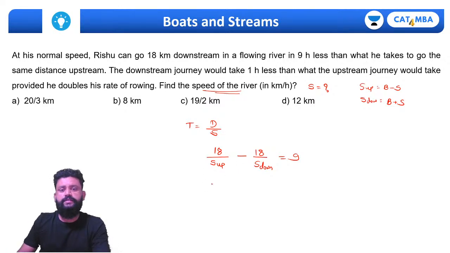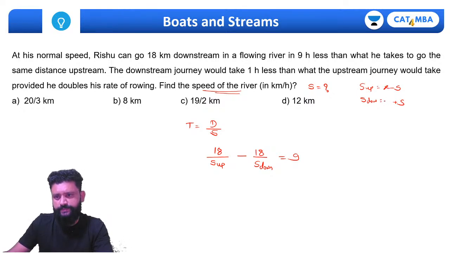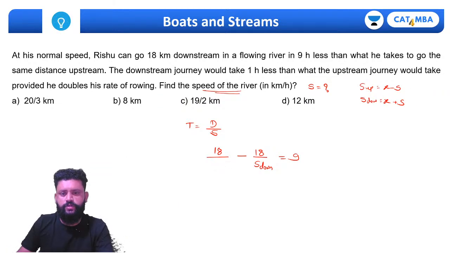same for downstream, if we double the speed, okay, so let's take his speed as x, so x minus s, x plus s. So I'll write instead of this, x minus s and x plus s.